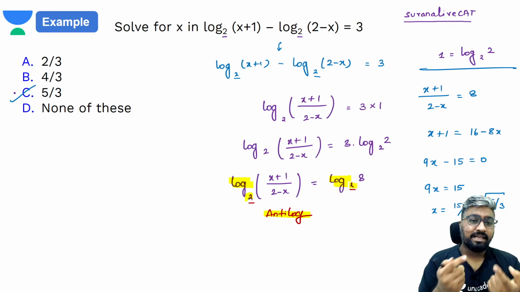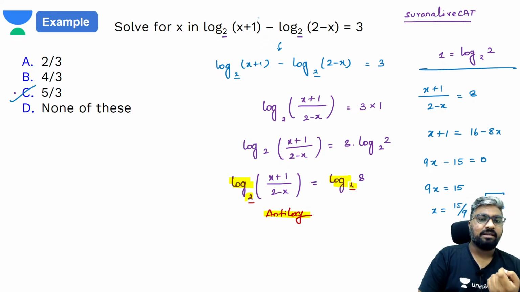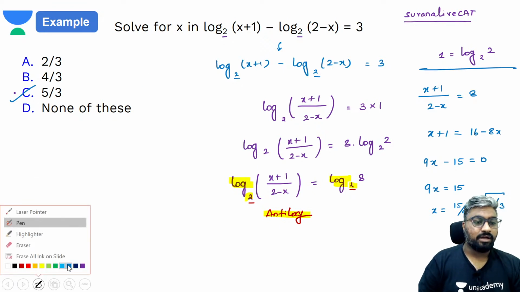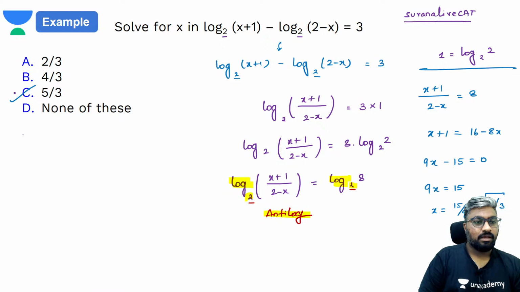You can also try reverse engineering here. If you try reverse engineering, what will happen? Let's say we decide to choose x is equal to 5 by 3. What will you end up getting?